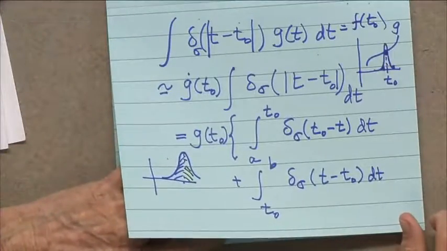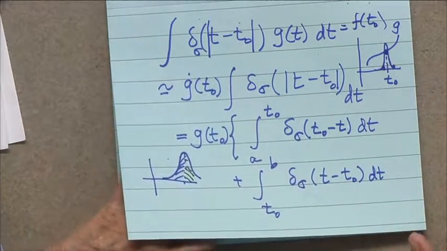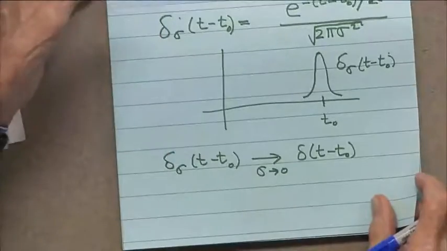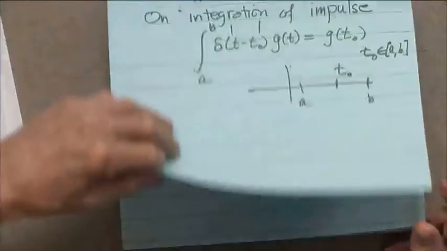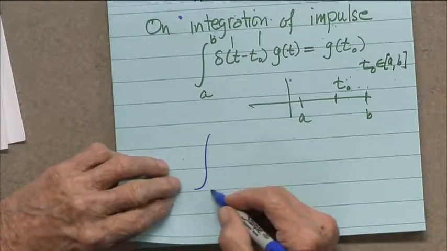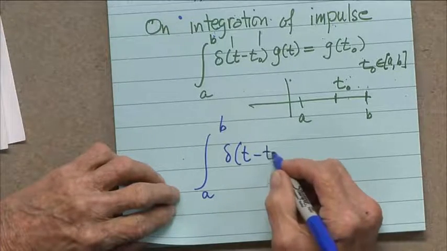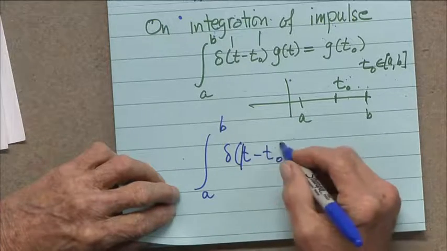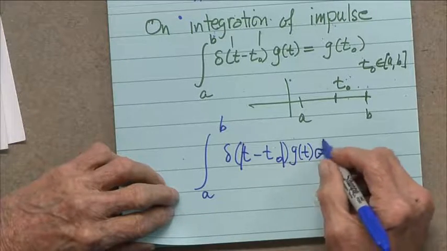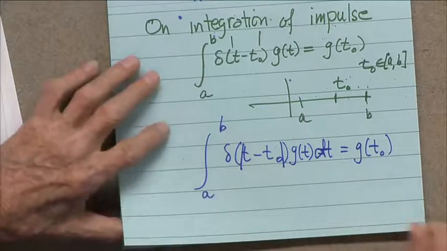That's a long-winded discussion. Meanwhile, the integral from a to b of delta t minus t0 times g of t dt is equal to g of t0.